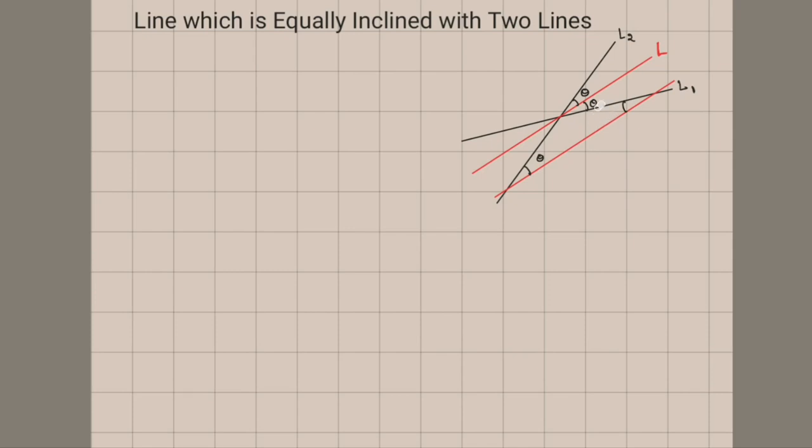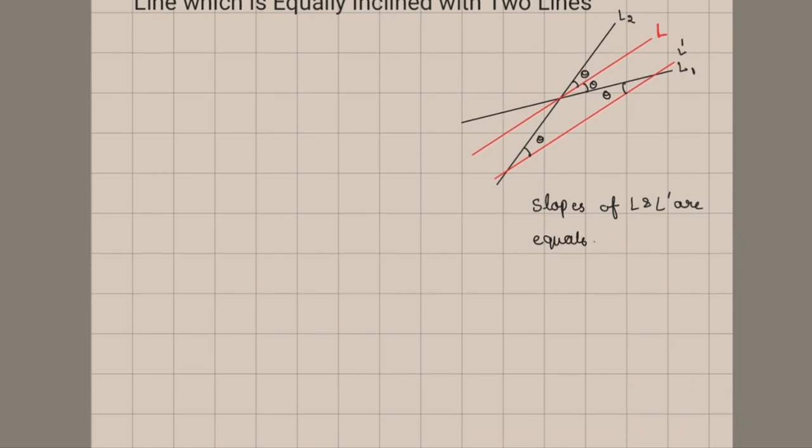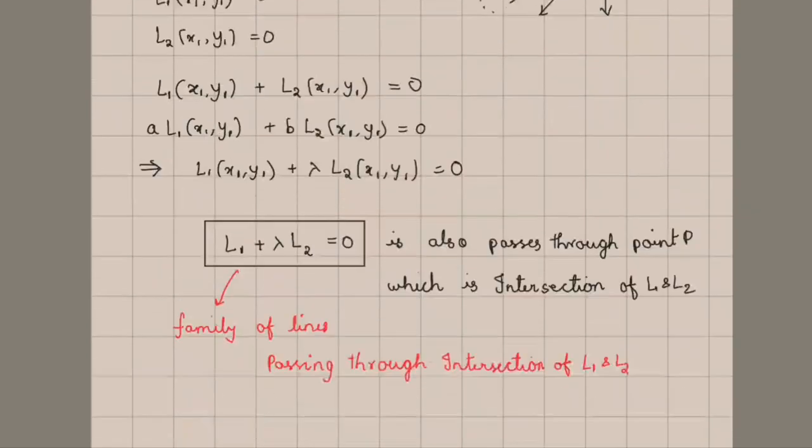Because, let's say this is some L dash, as L and L dash are parallel, the slopes of L and L dash are equal. As slopes are equal, the angle made by this line with the other two lines are also equal.